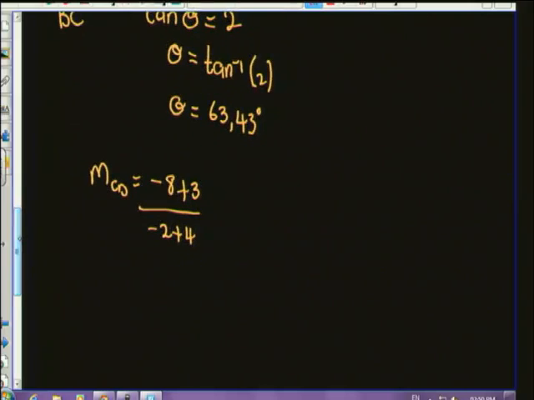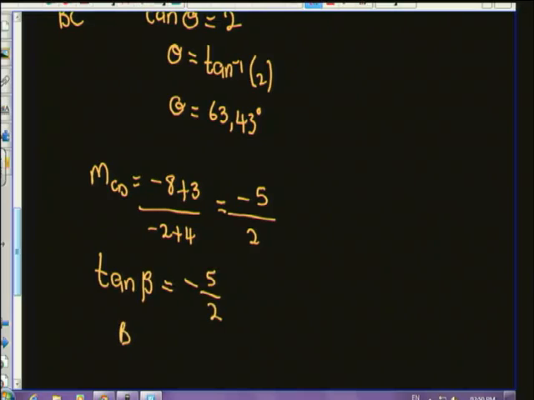Right, so if you simplify that, -8 plus 3 will be -5, divided by, what is -2 plus 4? That is +2. So that is -5 over 2. We're getting closer. Okay, so tan of angle beta is equal to -5 over 2.